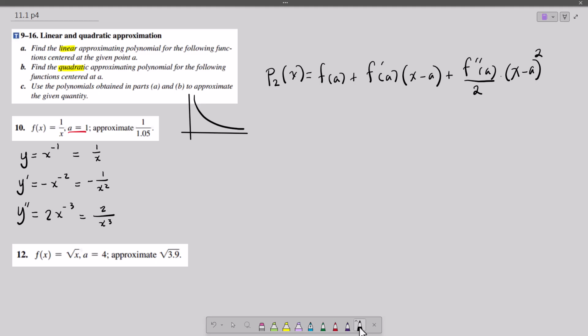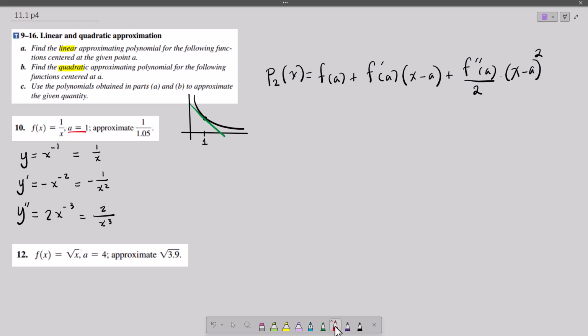Our focus is right here. There's where 1 is. There is the point of tangency. We know that's going to be the best linear approximation right there. Now we're going to find the best quadratic approximation. Well, we're going to find both. So next step in the process, evaluate f prime and f double prime at A.